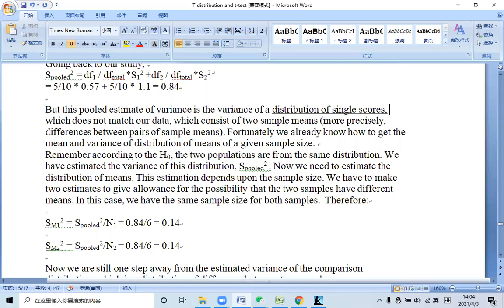Our data is the difference between sample means. We want to get the difference between two samples, experienced and inexperienced. And now we need to estimate the distribution of the differences between two means.